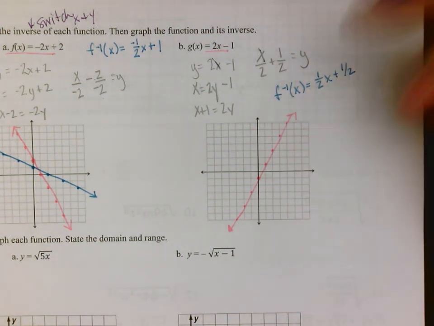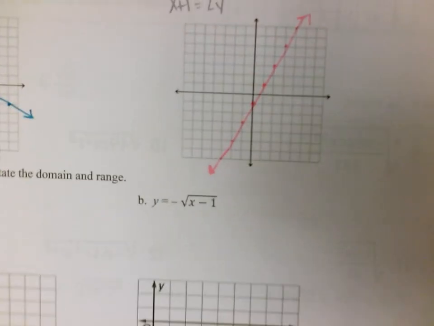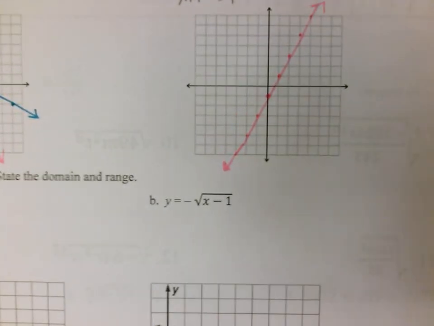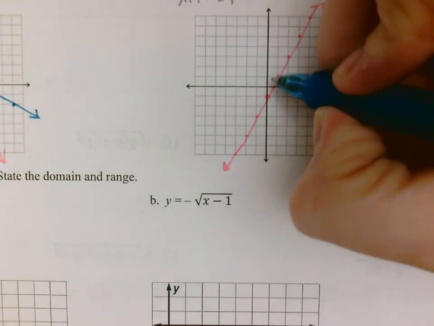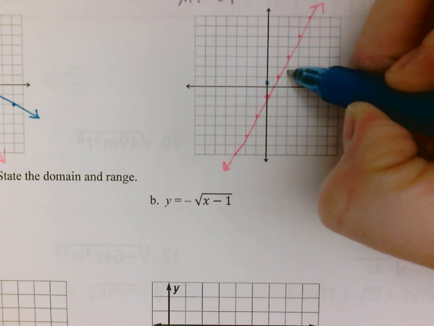So 1/2, whoops, is roughly here. Go up 1 over 2.